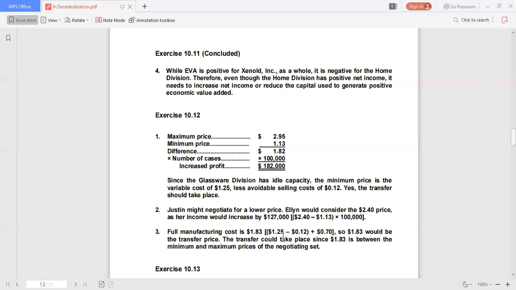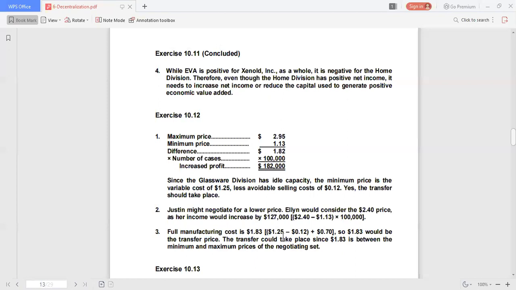So in lieu of 1.25, the unit variable cost 1.25, and that she can avoid selling cost of 0.12. So the minimum price is 1.13.